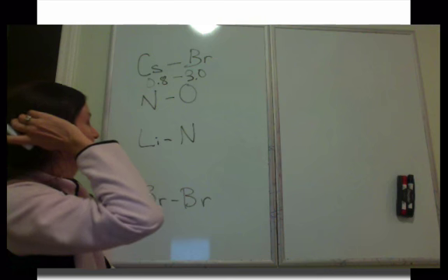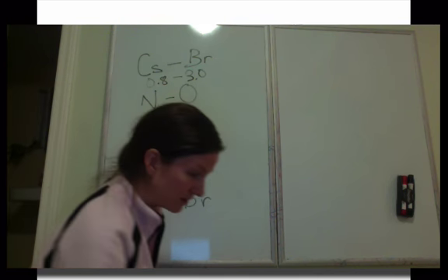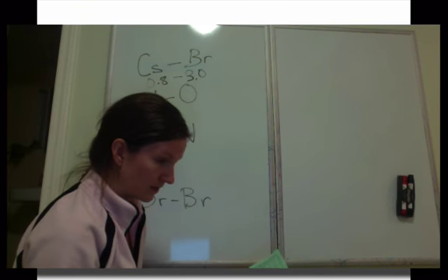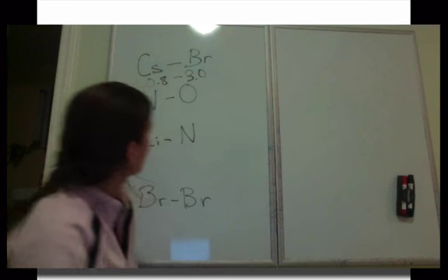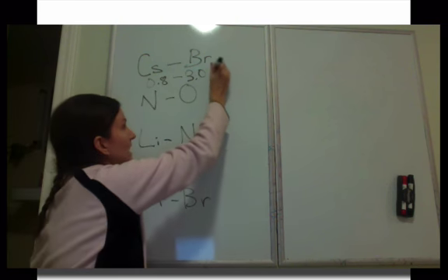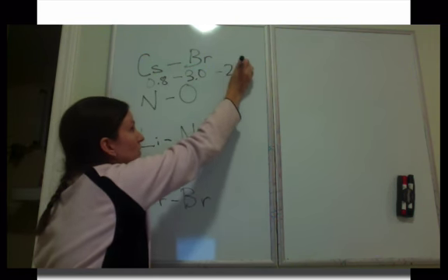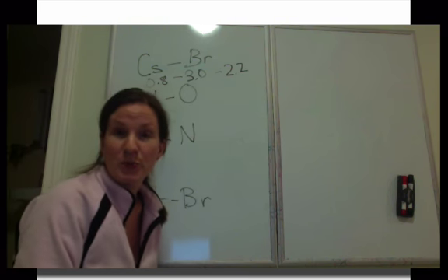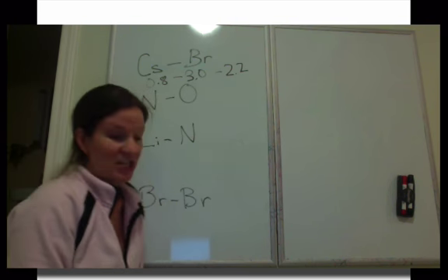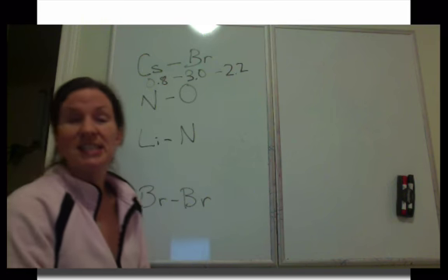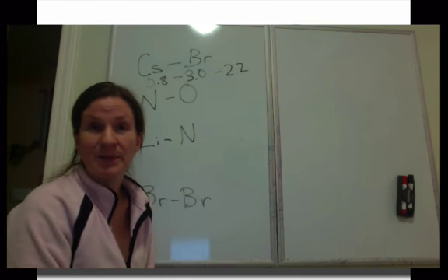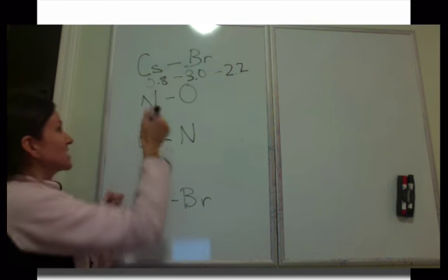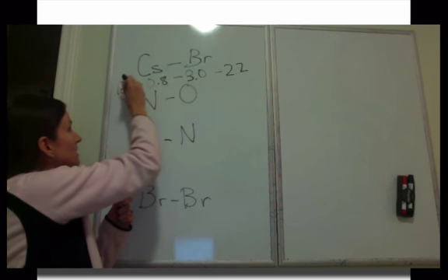If I subtract one from the other, I get 2.2. Hey, look, that's above the 2.0. That's ionic. And it shouldn't be shocking to you since cesium is a metal. So this is actually an ionic bond.